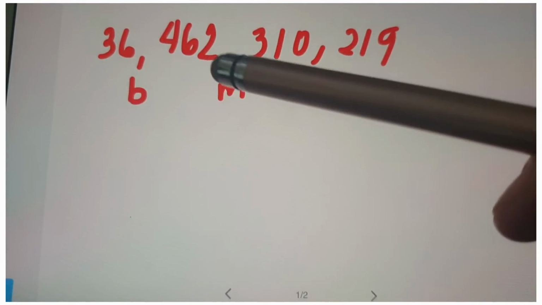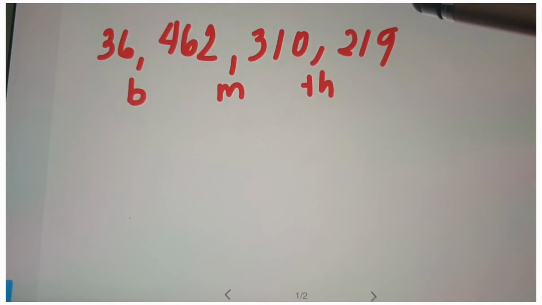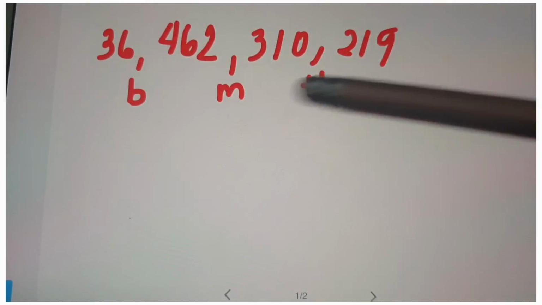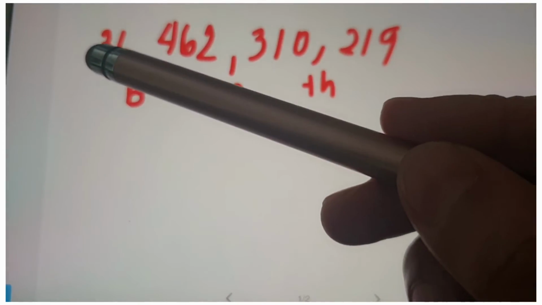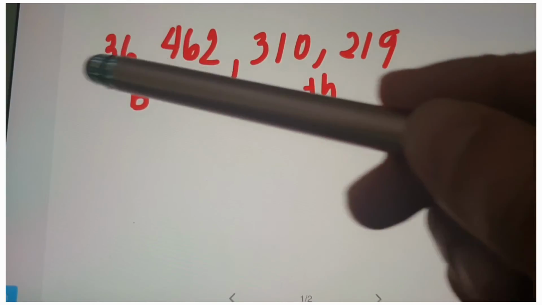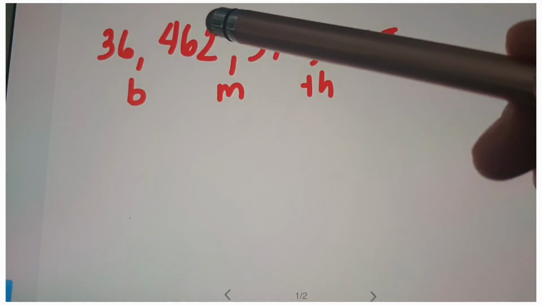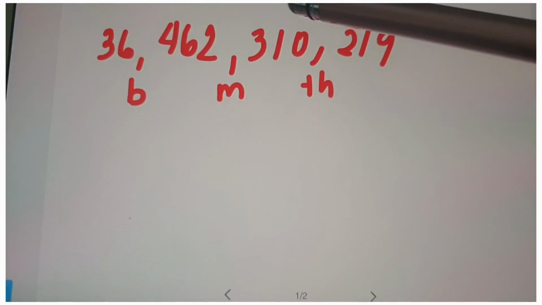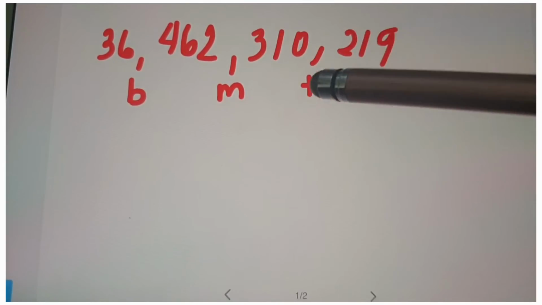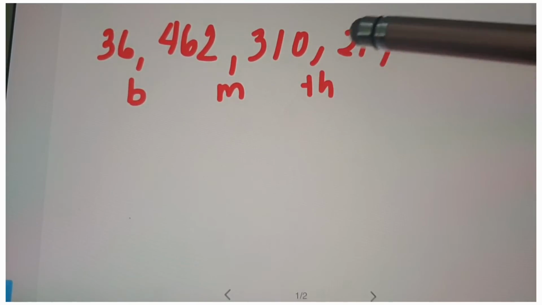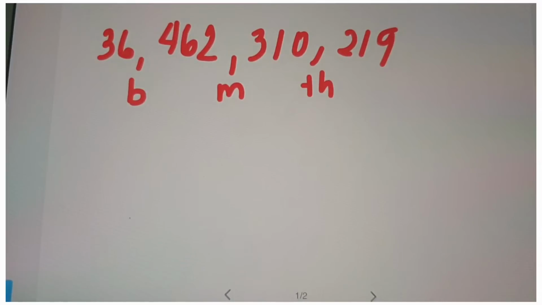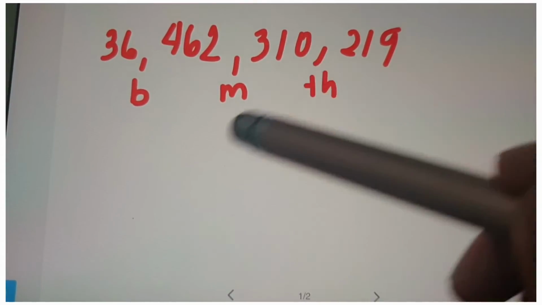So we have billion, million, thousand. If we are going to read these numbers, it is read as 36 billion 462 million 310,219.